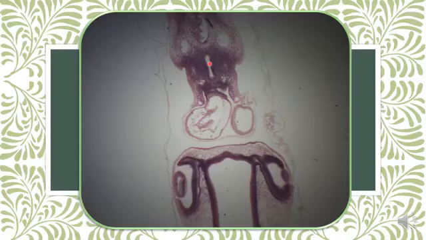This is the foregut, and ventral to the dorsal aorta, the heart loop diverticulum, and the cavity of the heart tube is called the pericardial cavity.